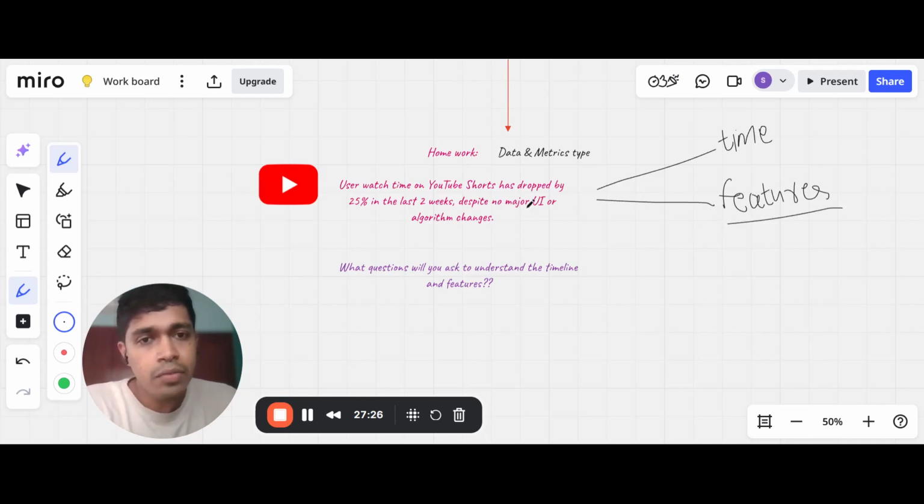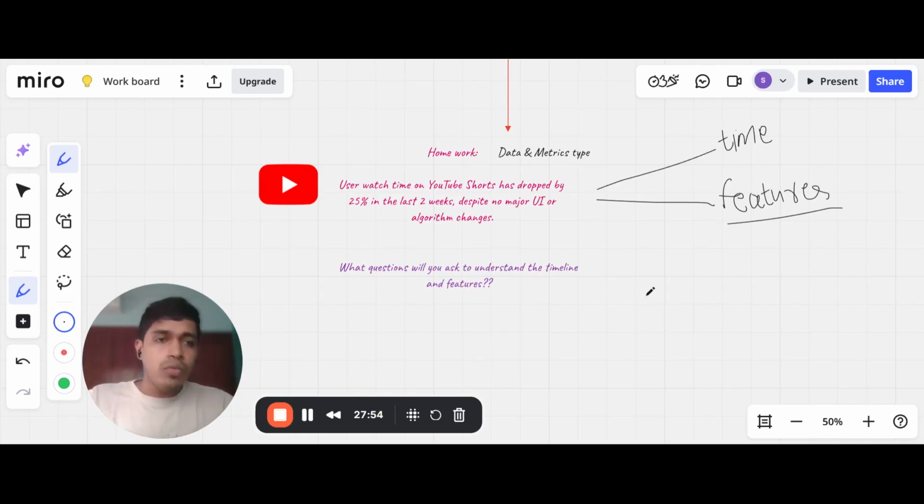Basically, ask about the other feature, and maybe what else is the most used feature in YouTube. Is it the same drop is happening in those features as well? You can ask those questions. So think about these two components and try to come up with 5 or 6 questions in total.